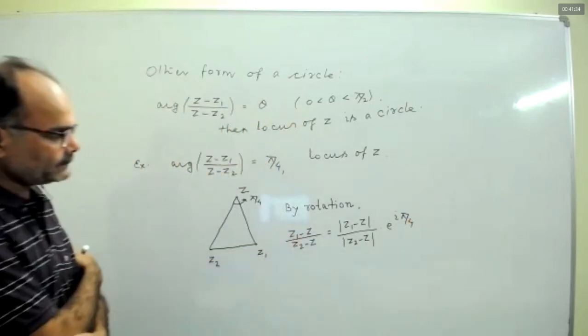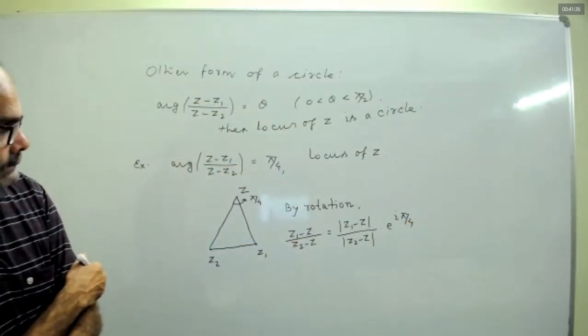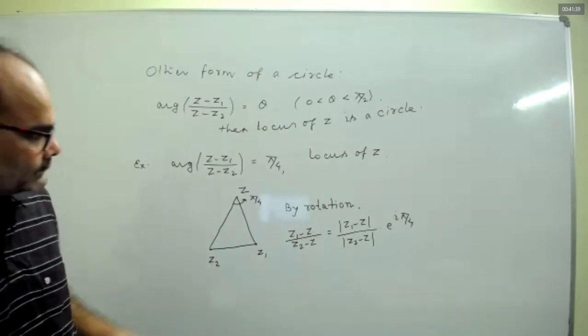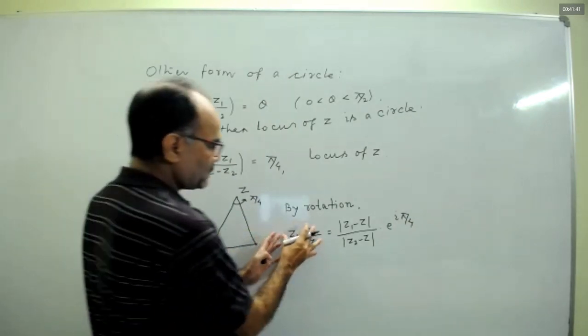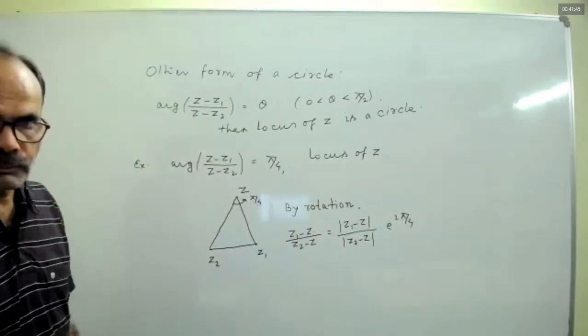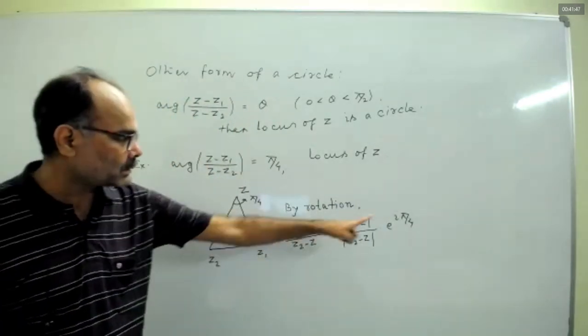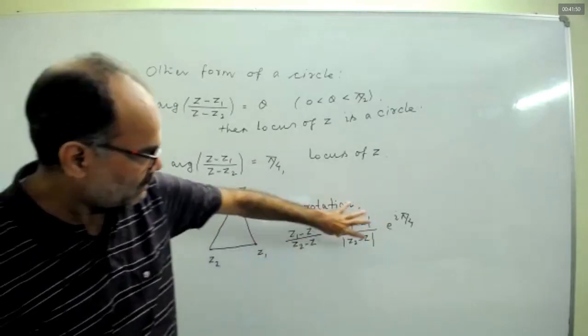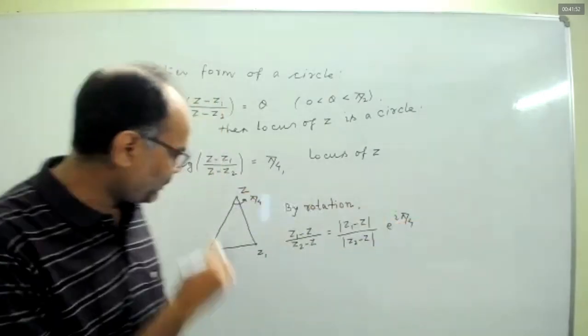Now, what does it mean? The argument of this complex number becomes pi by 4.